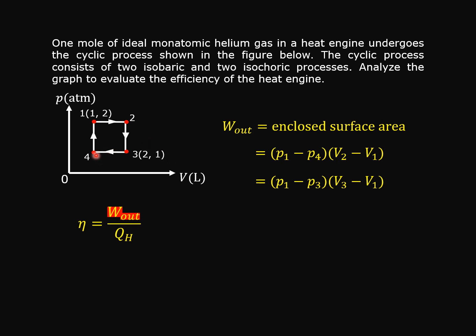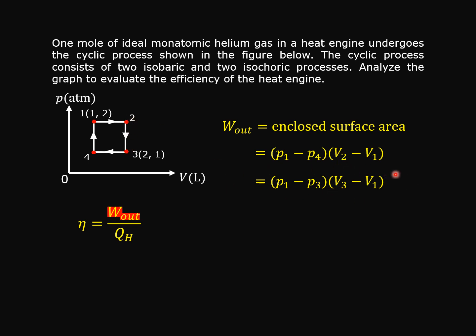Now we change P4 to P1. P4 and P1 are the same because from state 3 to state 4, it is an isobaric process. So we now change the P4 to P3. And for V2, we change it to V3 because from 2 to 3, it is isochoric, so V2 and V3 are the same.